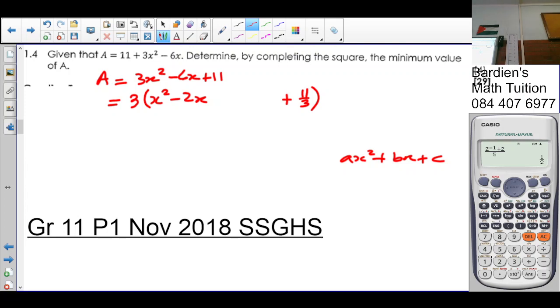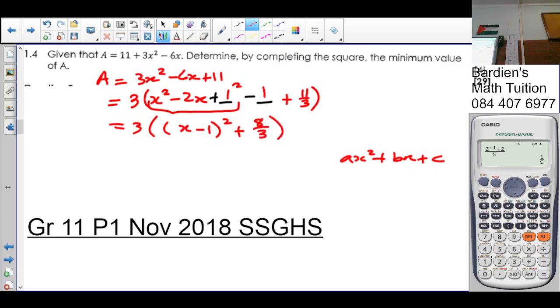We must add the number here to complete the square with, and must subtract the same number. And what's the number in this case? It's going to be b times a half, which is negative 2 times half, which is 1, and we square it, it gives you 1. That is my perfect square trinomial. So it's 3 into x minus 1 squared plus 8 over 3. Is that correct? Check if that's correct. Yes, okay.